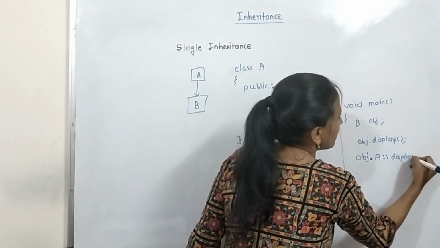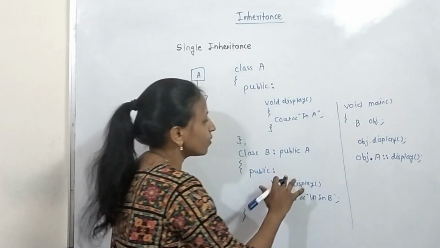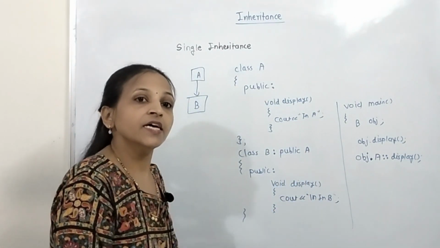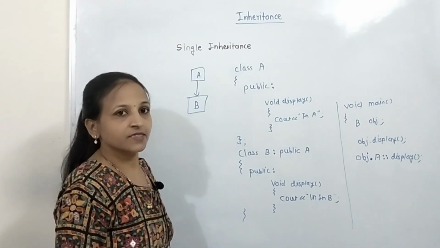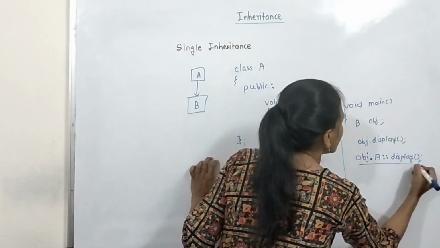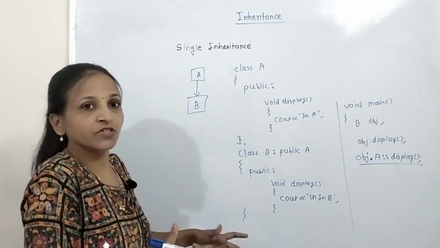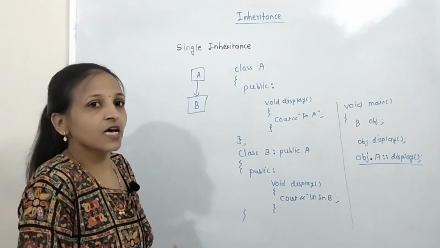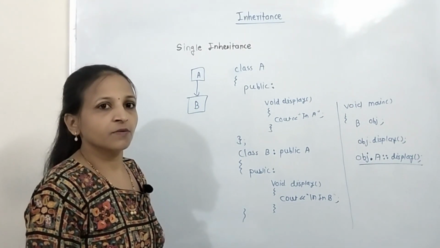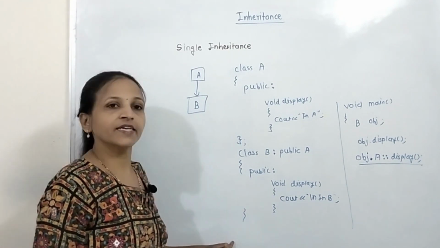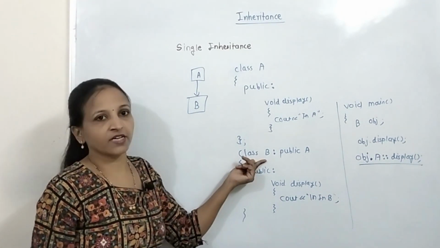Then whatever member function is derived from class A inside class B will be called. Getting? In this way we can resolve ambiguity because there are two member functions. Which one should be called? This is an ambiguous situation. But preference is given to the derived class because the object is of the derived class.